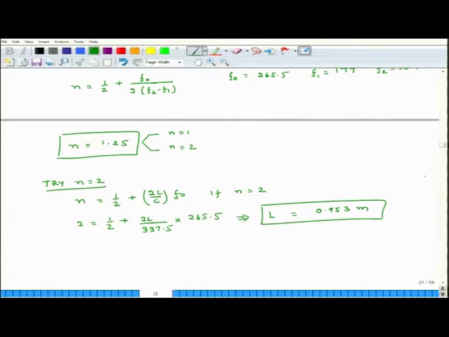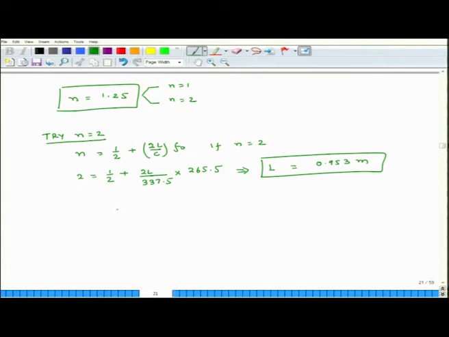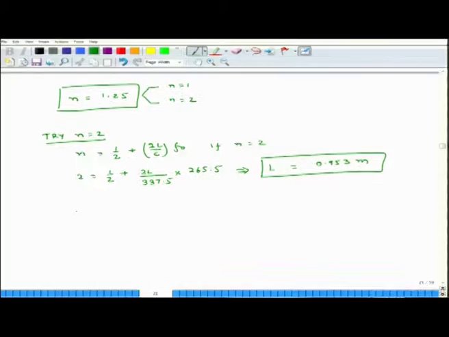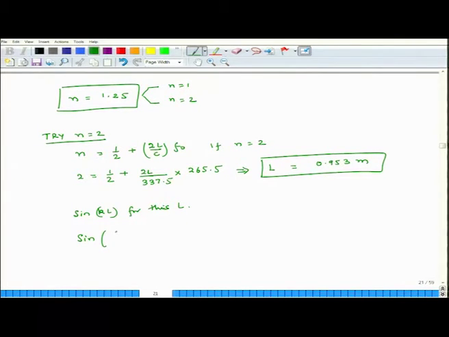Now, for this L, we should have maximum value of transmission loss, which means that KL should be either pi by 2 or 3 pi by 2 and so on and so forth. So, let us calculate sin KL for this L. So, what is k? k is 2 pi by lambda, which is 2 pi into 177 divided by 337.5.